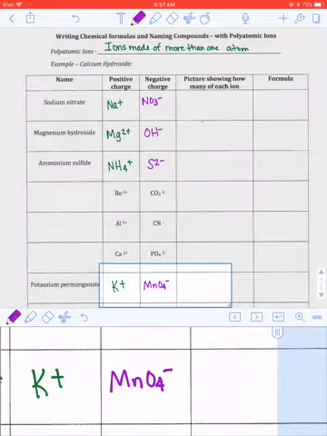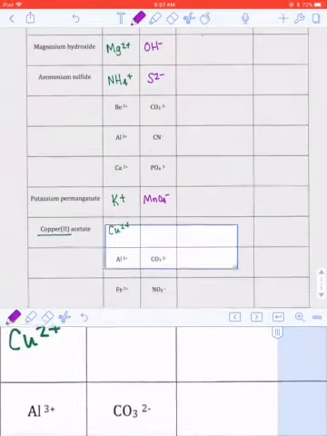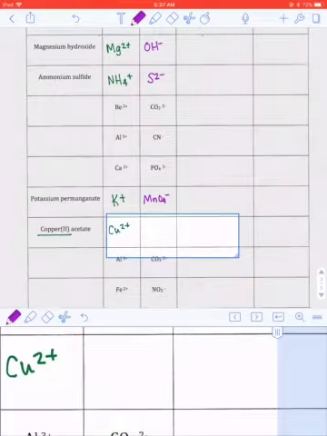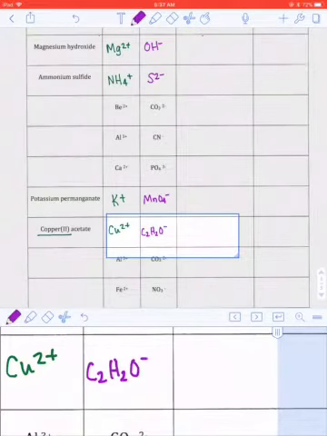So that whole thing, the Mn and the O4, makes up the ion, and its overall charge is -1. Acetate is C2H3O2 minus.